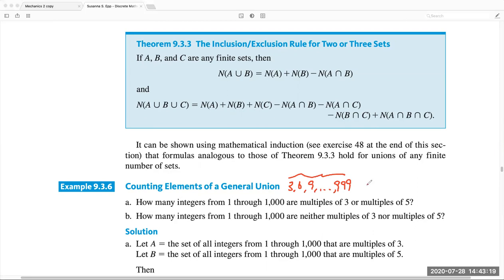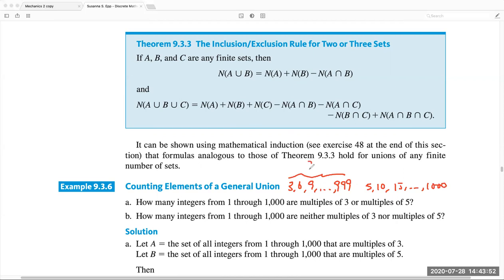We have 300. No, no, so not 300. There are three numbers which are divisible in every 10. So how many numbers are in 3, 6, 9 up to 999? 333.